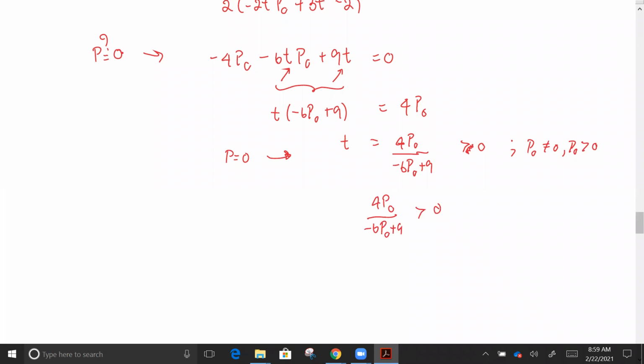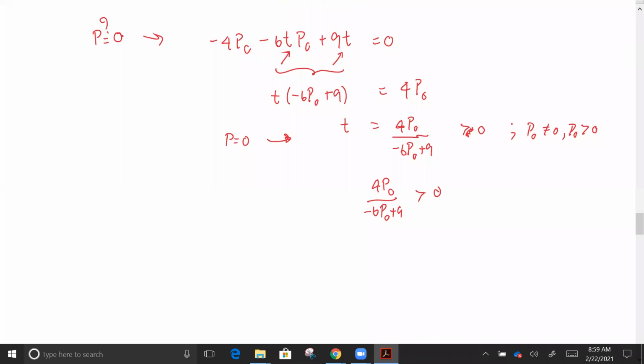When you analyze it, you don't have to solve back and forth, back and forth. In this case, the p subscript 0 on the top is already positive. So that means we're gonna make negative 6p0 plus 9 positive, the condition that makes t a positive quantity, which reflects to the population being 0.